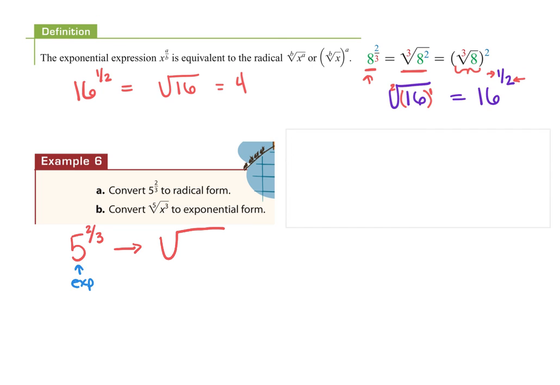My 5 is on the inside. 3 is my index. My denominator goes here. My numerator goes here. Can I simplify that? What is 5 squared? 25. So then I can rewrite this as the cubed root of 25. That is 5 to the 2/3 in radical form, the cubed root of 25.